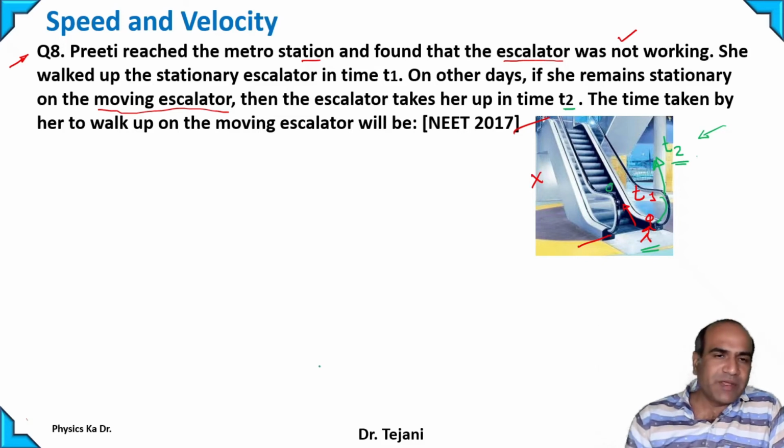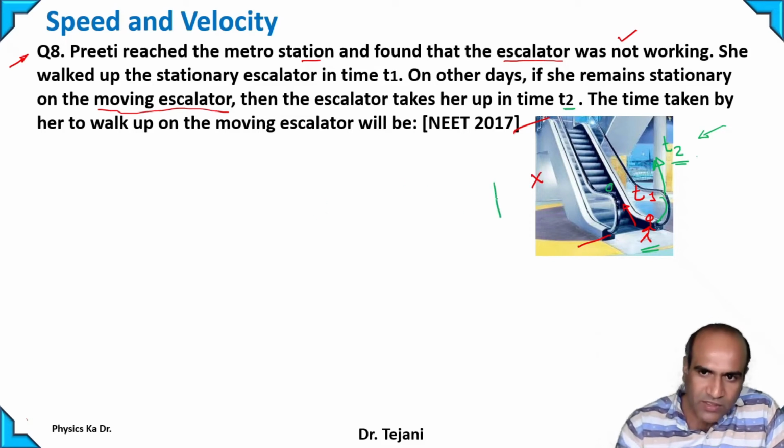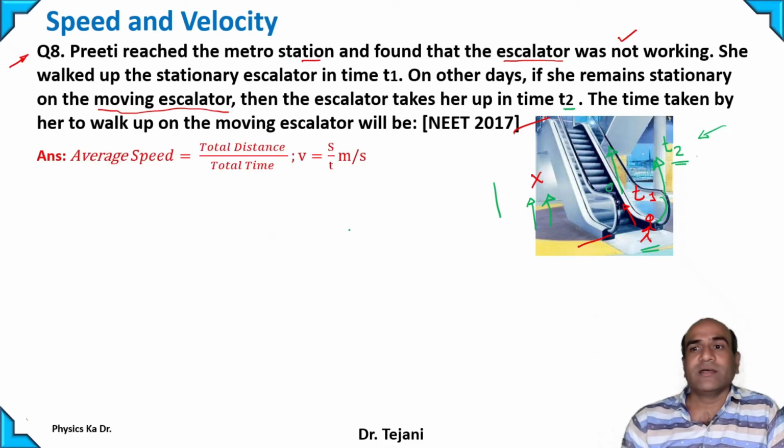We need to find the time taken for her to walk up on the moving escalator. That means both she and the escalator are going up. So we need to take the total velocity. Yes, you told me that there is no v1 plus v2, but this is the case where v1 plus v2 applies, and the velocities are not for the same person. Here one velocity is for the escalator and the second is for this person.